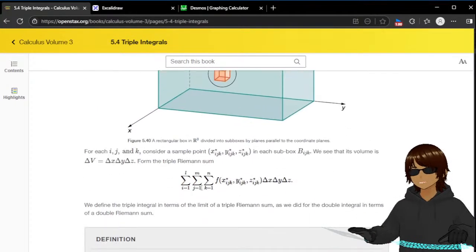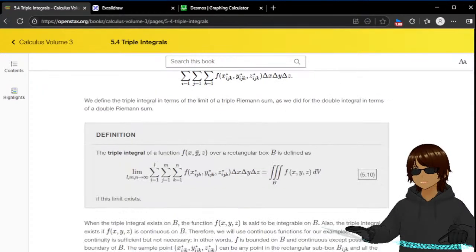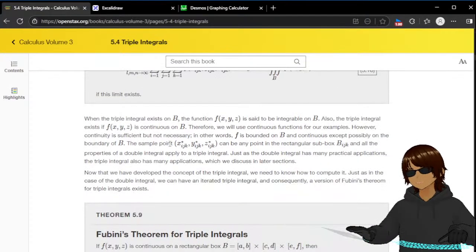And we are applying the sum of f over this entire box. The triple integral of a function over a rectangular box B is defined as, so we take some random x, y, z point in the box, and we take the limit as l, m, and n go to infinity.